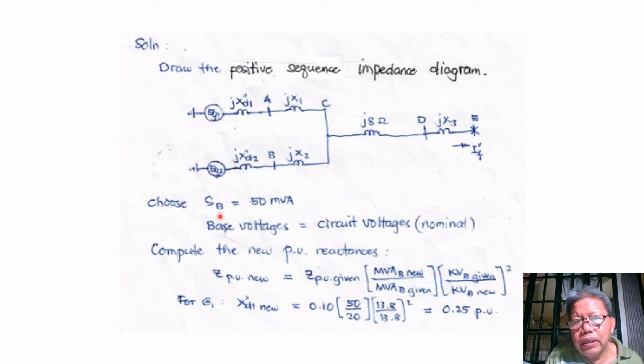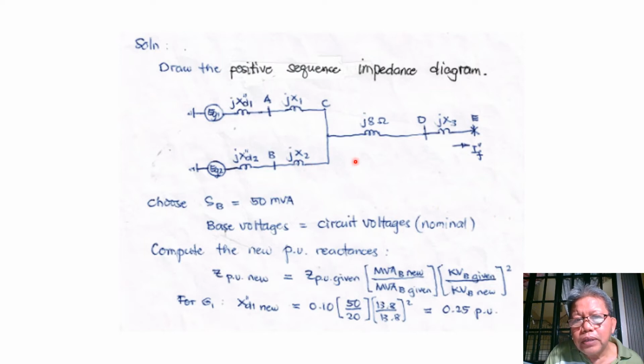Now, in choosing the MVA base, it is good practice that if there are several generators and transformers, and some of them have the same capacity, for example, there are 10 generators and 5 of them have capacity ratings of 500 MVA, it is better to choose a common MVA base based on the largest number of units that have the same rating.